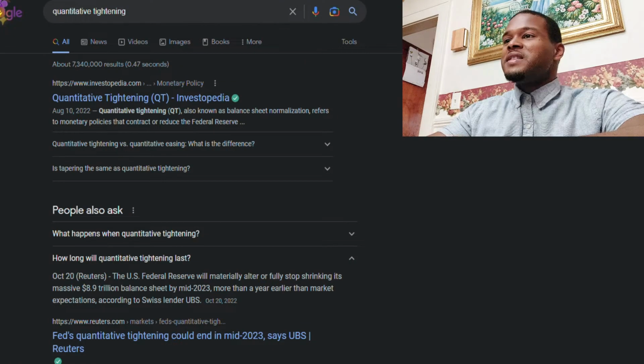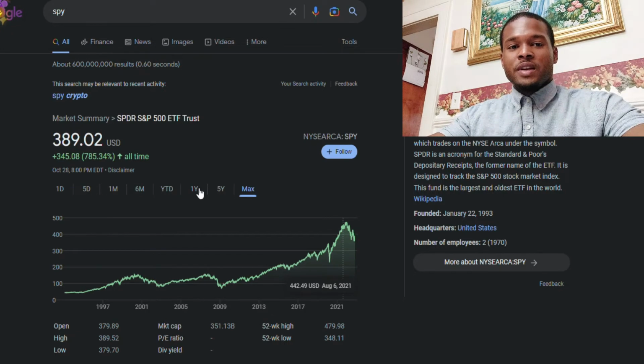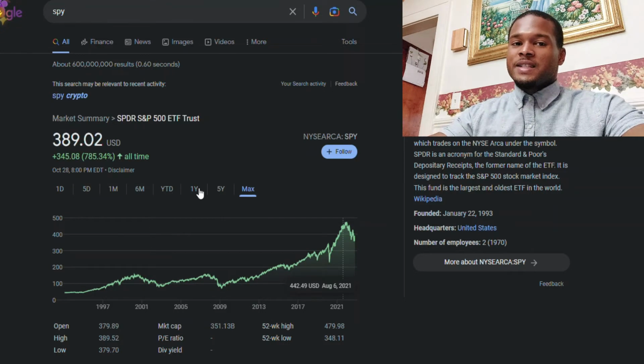So right now, as you can see, we're in a bear market, because when institutions know that events like this are coming, they sell a lot of their assets and flock to safety. So they go to bonds. Remember what I was talking about with the bond market, the 2-year and the 10-year yield.